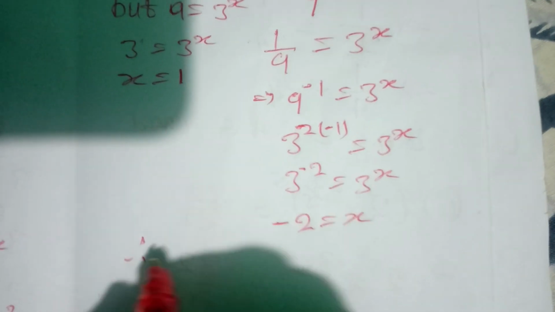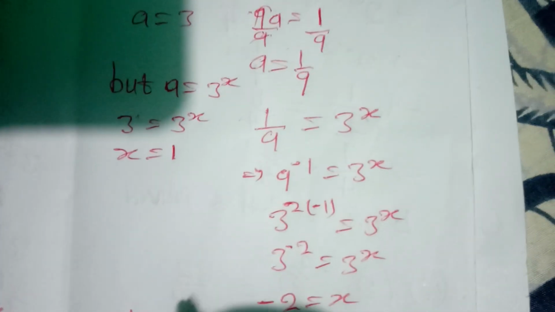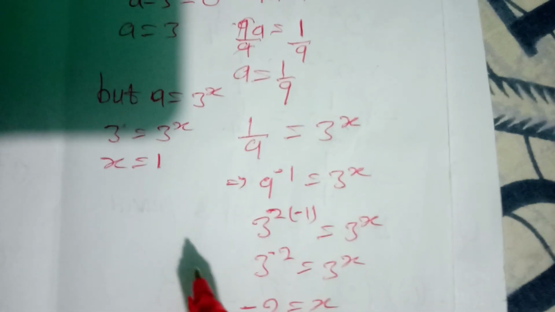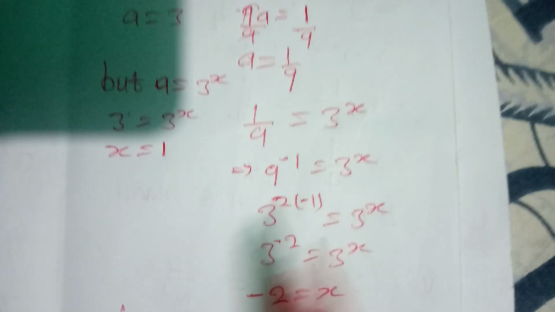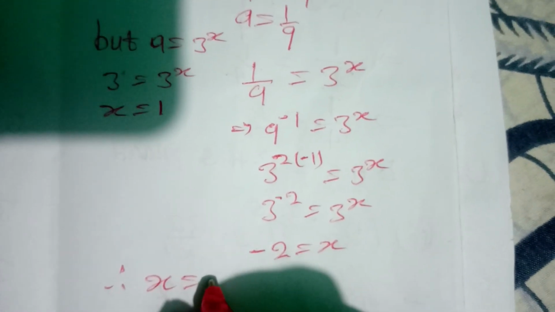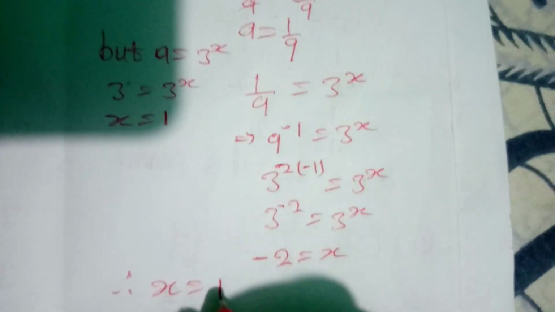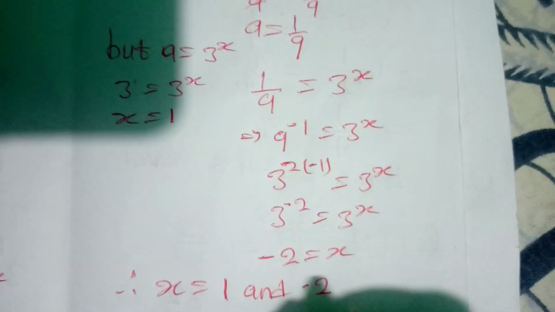So therefore, the first answer for x is 1, and then the second value for x is negative 2. So x is equal to positive 1 and negative 2.